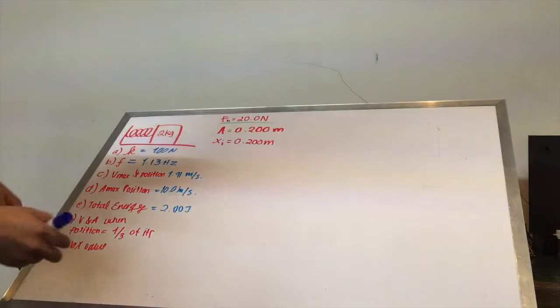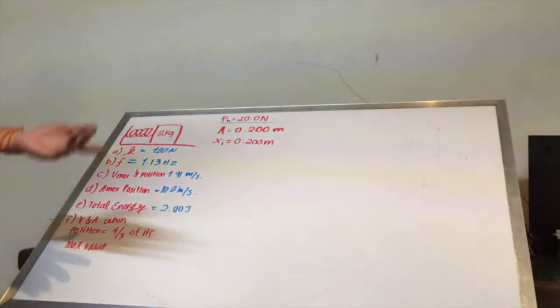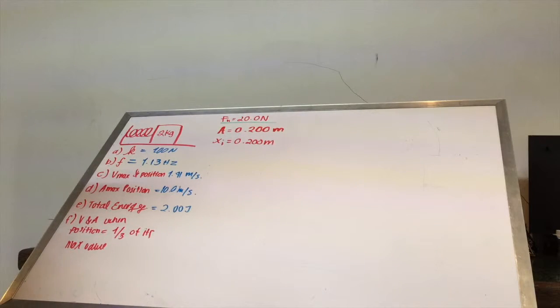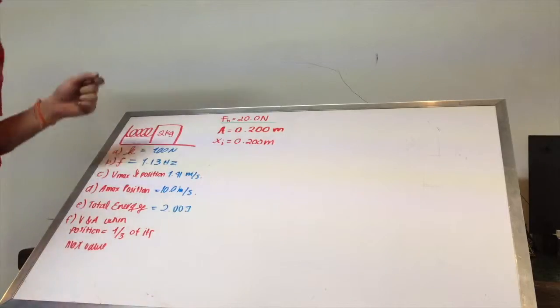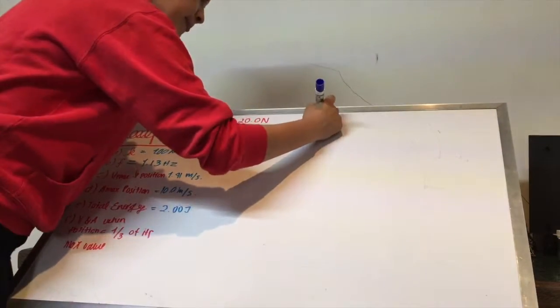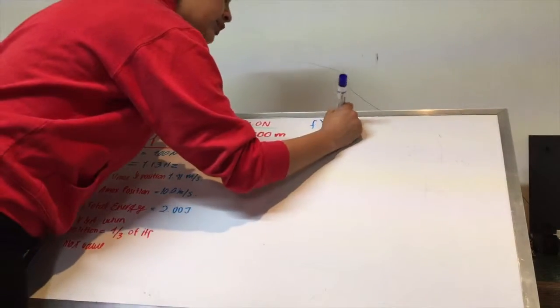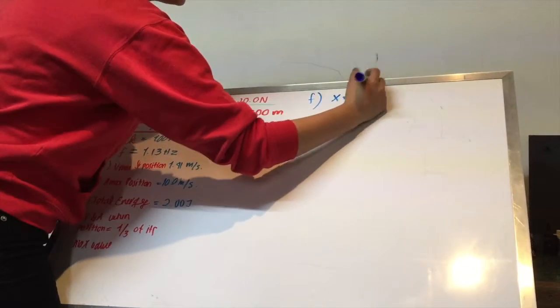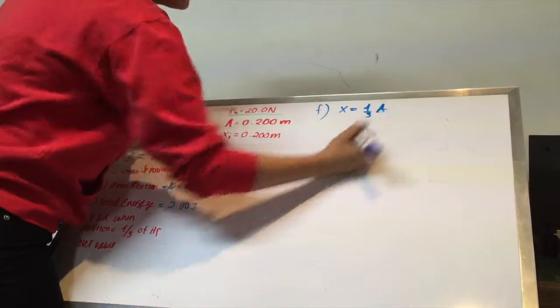For this part of our problem, for F, first we have our distance x, which will be equal to 1/3 of our amplitude, right?